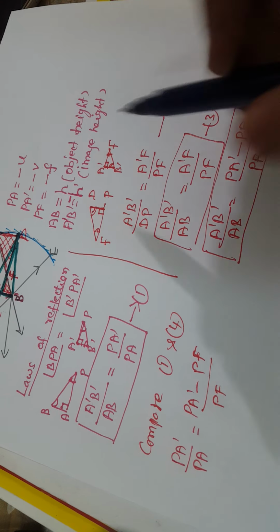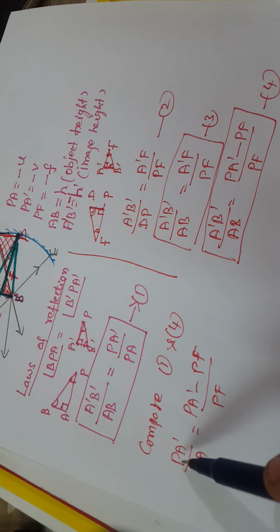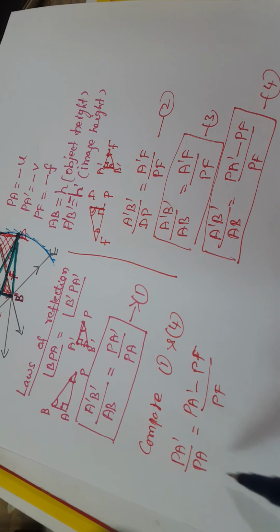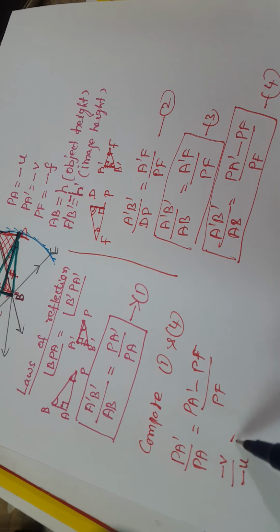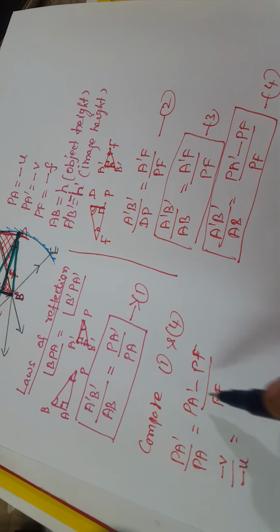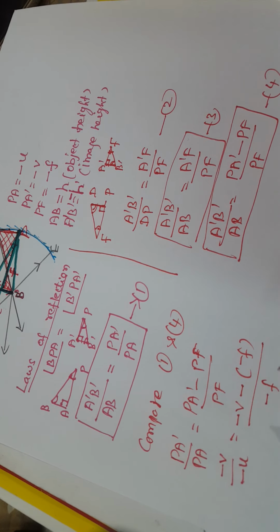You can substitute these values here. You got each and every value here, so you can substitute each and every value. What you will get? PA dash is minus v, PA is minus u, so this will be equal to PA dash minus v, minus this PF is minus f, divided by minus f.